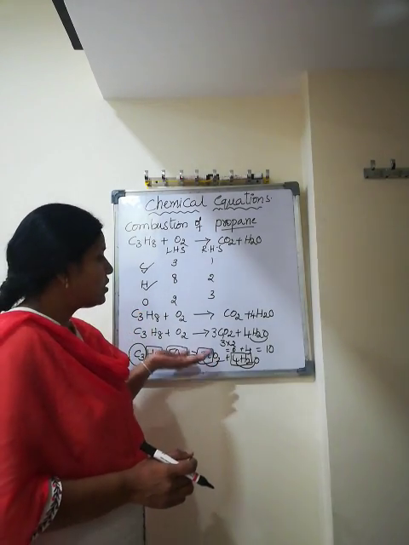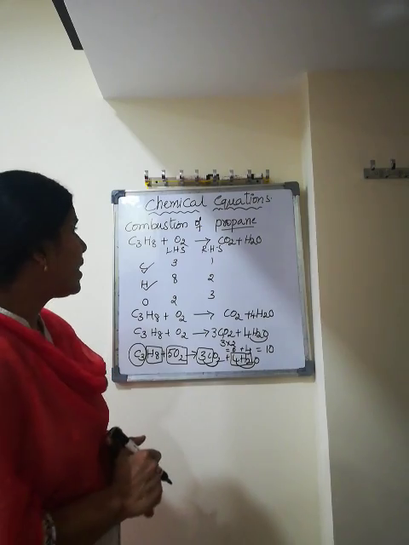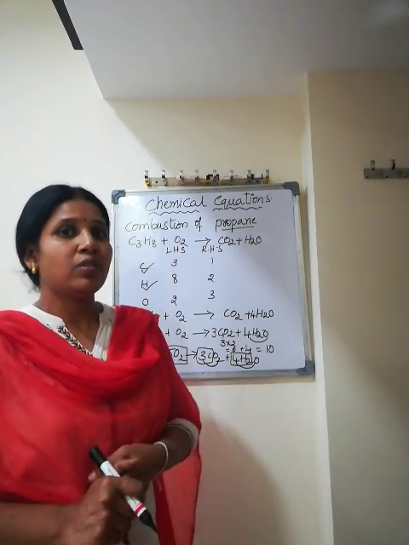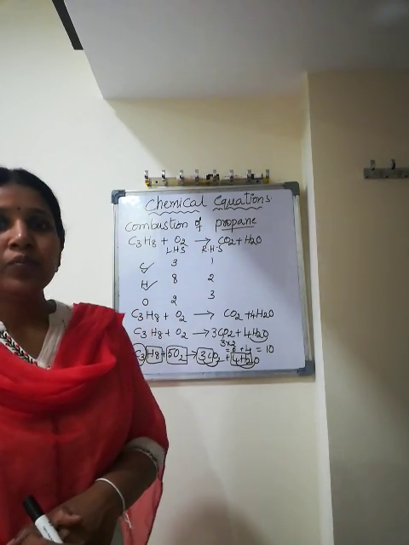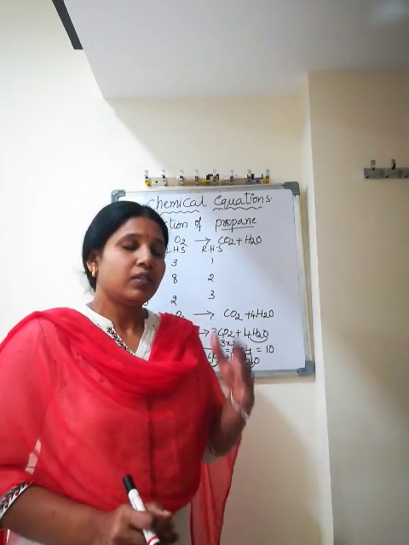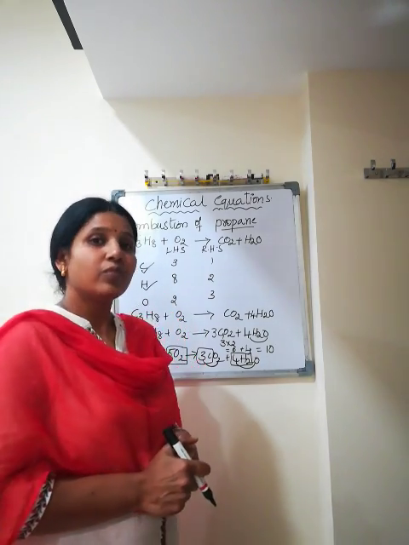All the atoms are balanced in this equation. Like this we can balance the combustion of propane by using the trial and error method. Clear, children?